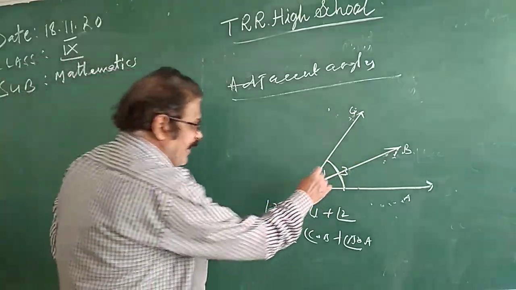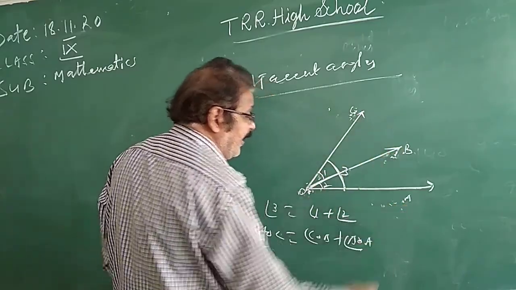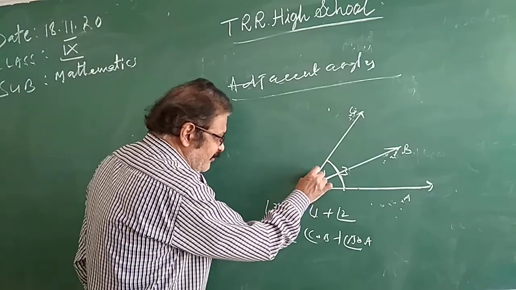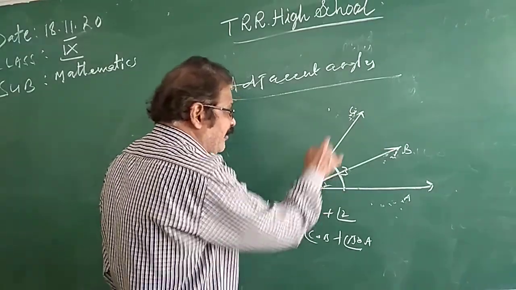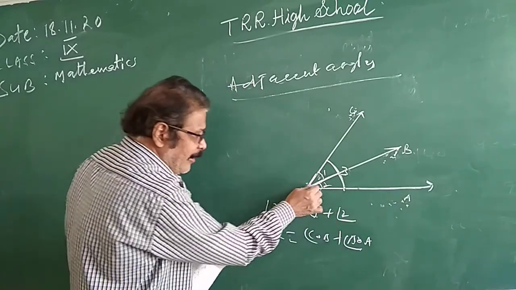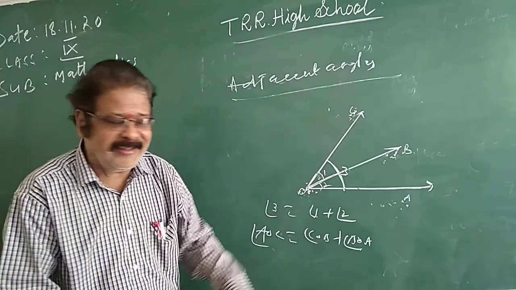So these are the adjacent angles. The adjacent of angle BOC is BOA. The adjacent angles will have the same vertex. BOC angle vertex O, BOA angle vertex O. The common arm is OB. OB is common for both angles.